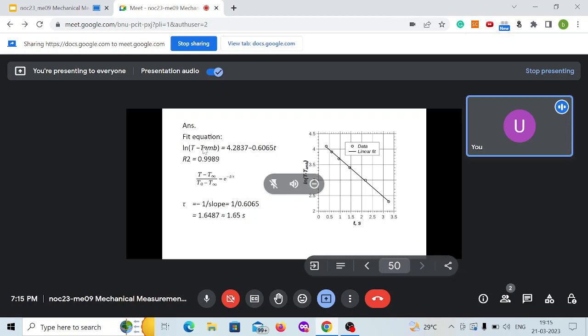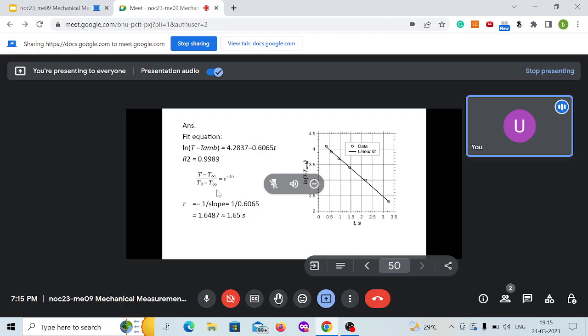If you take that to the right hand side, that equals 4.2837 minus t by tau. So we need to find tau. We have minus t by tau as minus 0.6065 t, so tau we can find by minus 1 by slope. Here the slope is minus 0.6065.